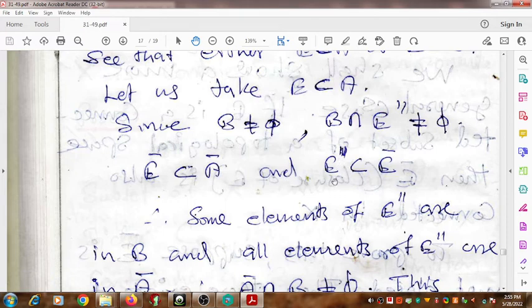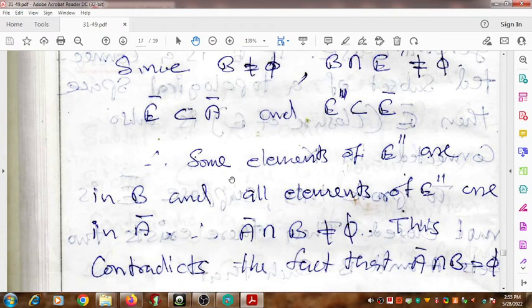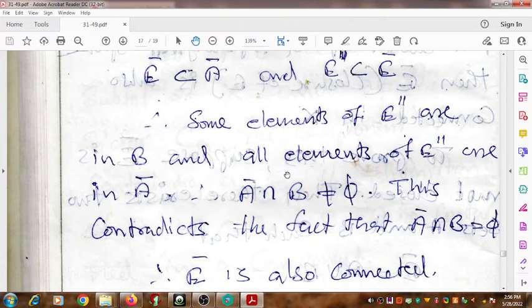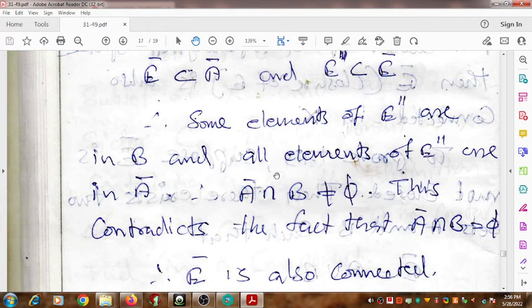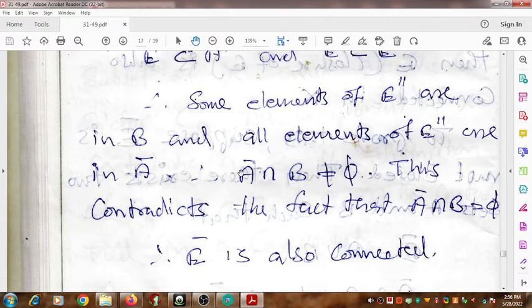E double prime is a subset of closure of E, and therefore some elements of E double prime are in B, and all elements of E double prime are in closure of A. Therefore closure of A intersection B is non-empty.